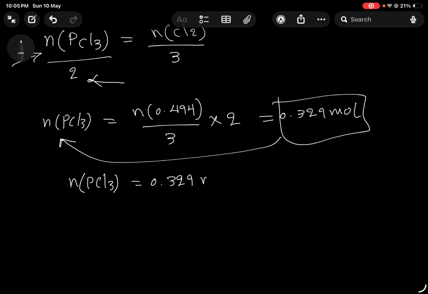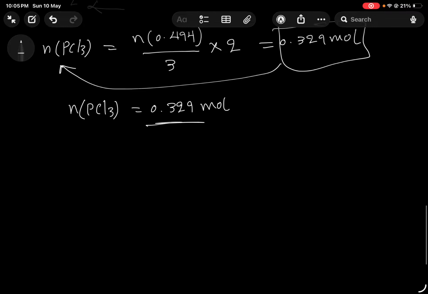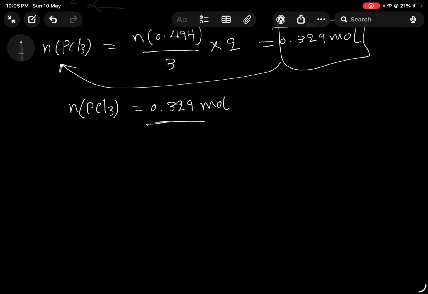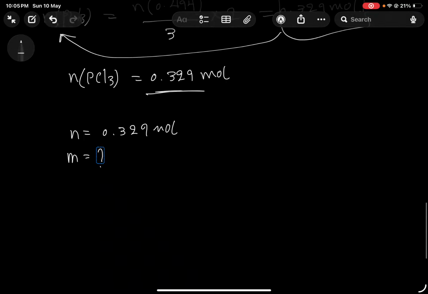Now we will be converting this number of moles into grams. For that we can use this formula. n is equal to 0.329 moles, and the mass is what we're trying to find, so it's unknown.